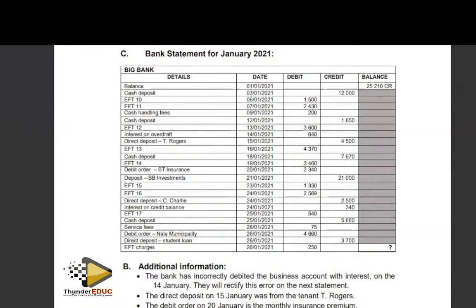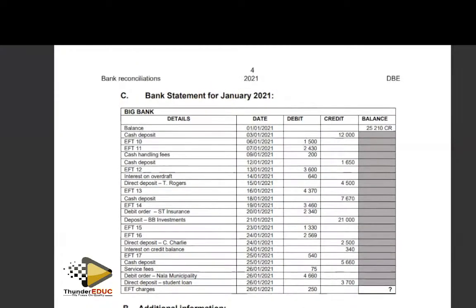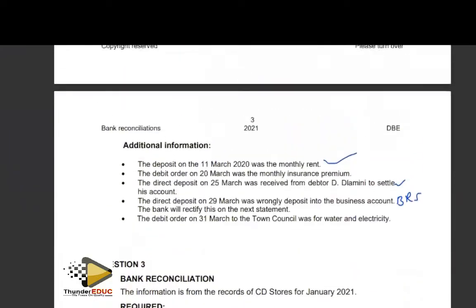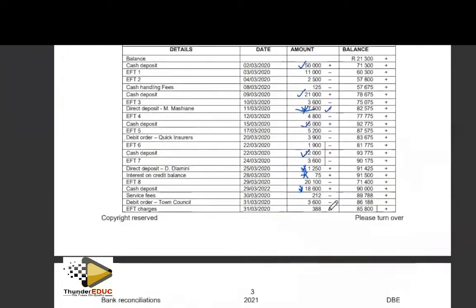Okay, so what are we going to do now? I'm saying that the bank reconciliation statement is a continuation of this statement, okay? Of this crediting and debiting.